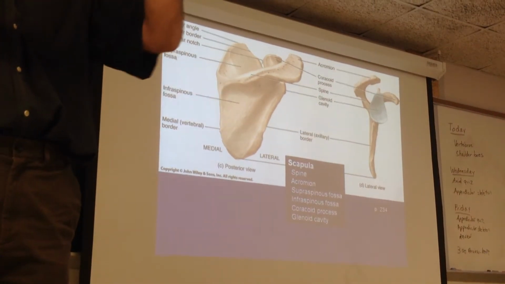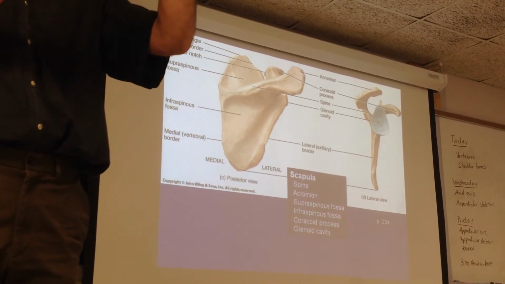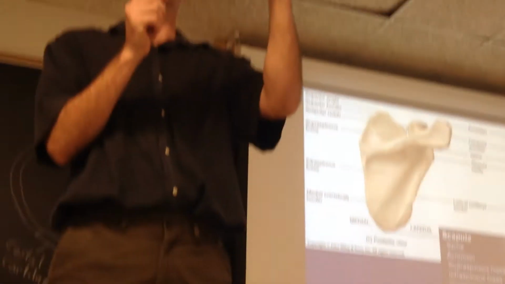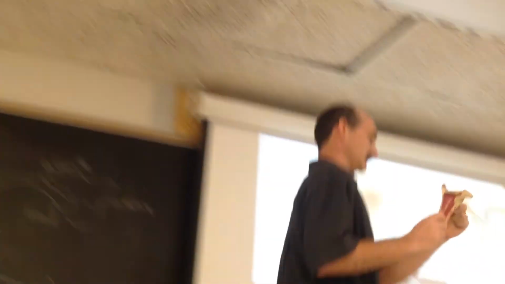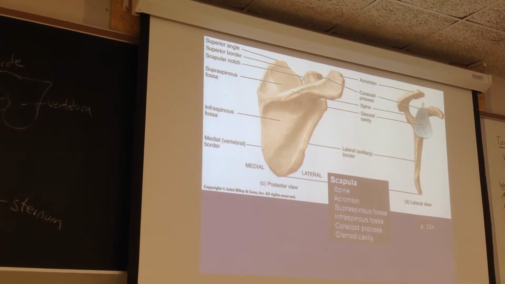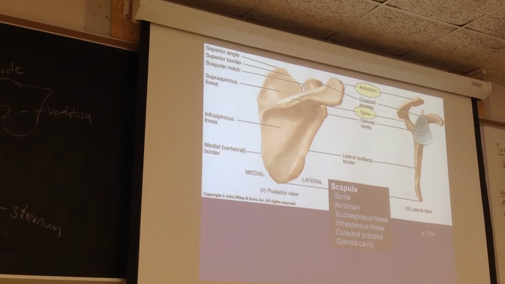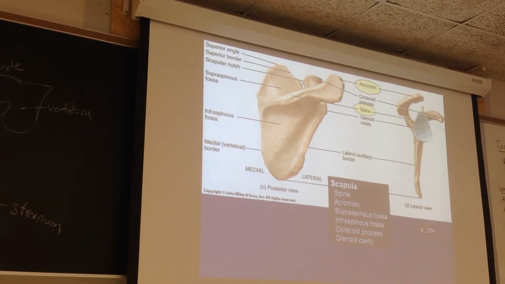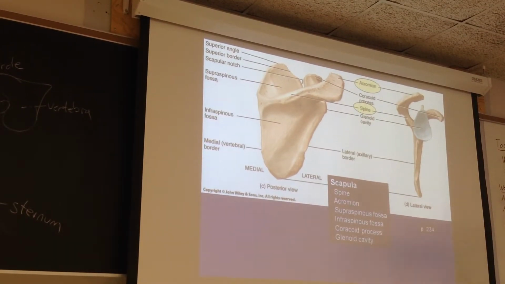If we follow the spine out to its point right here, we come to a structure called the acromion. So the acromion is the point of the spine. You can see I've got spine and acromion right here. This is the spine. This is the acromion. It's kind of the high end point of the spine.